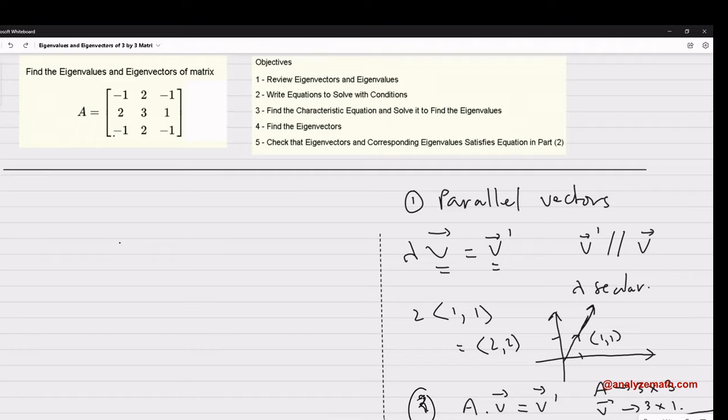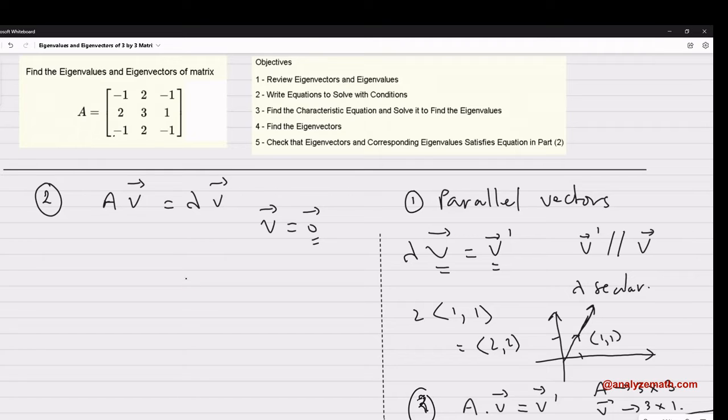Now that we have defined what an eigenvalue and eigenvector are, let's go to objective number 2 and write the equation again and put the conditions. The last equation we saw is to solve A v equal to lambda v. When we look at this equation, v equal to 0 is an obvious solution.